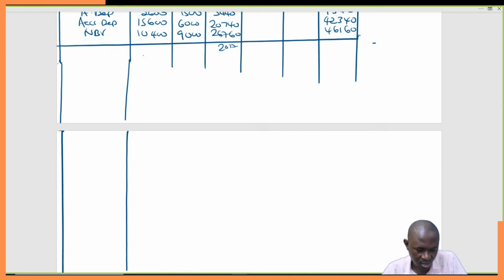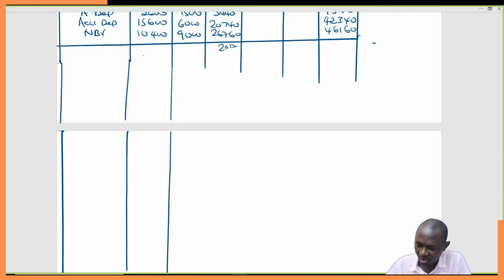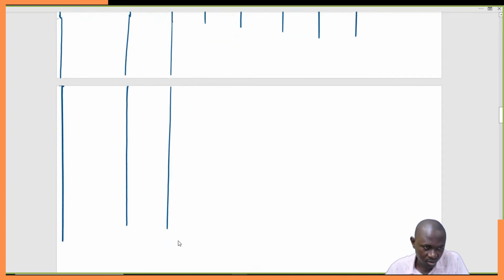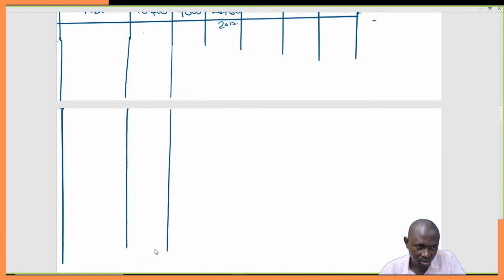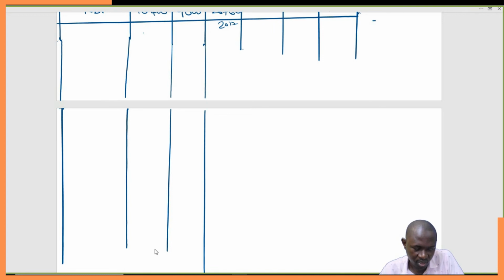It doesn't require a lot of thinking, as you can see, because it's more of repetition. But then you need to be very cautious of your time. Remember, you are being timed here, so don't waste a lot of time with this. Be very fast.